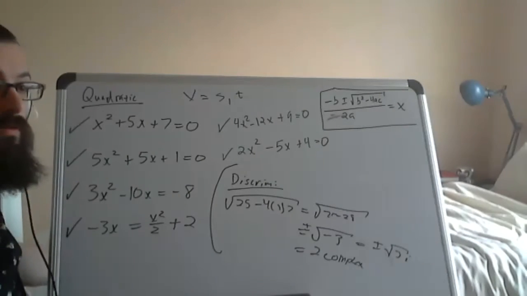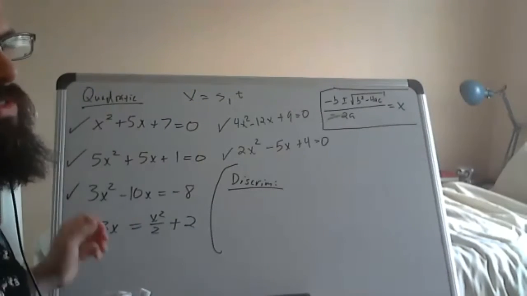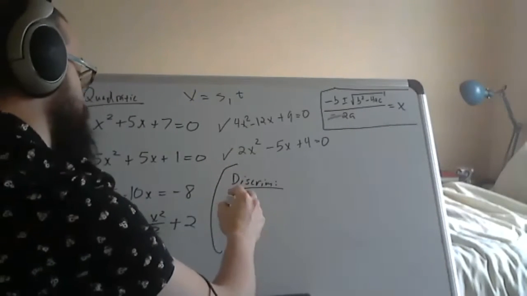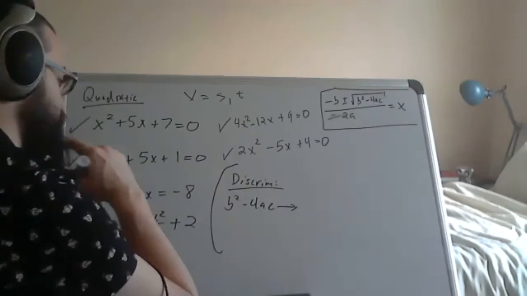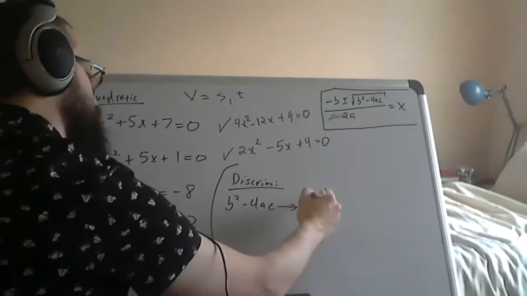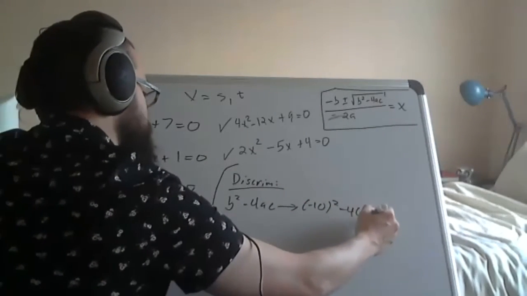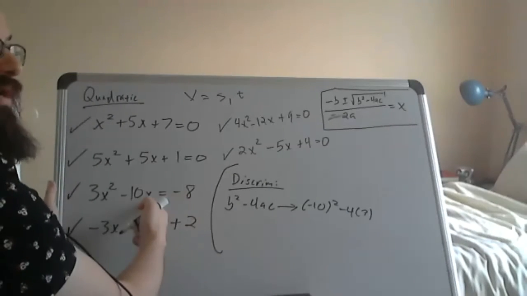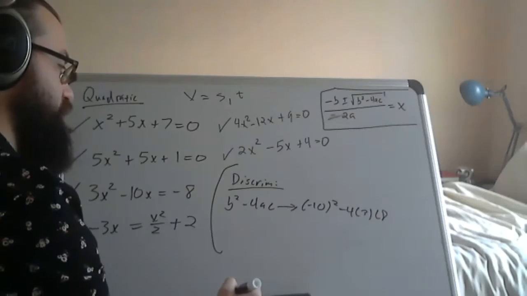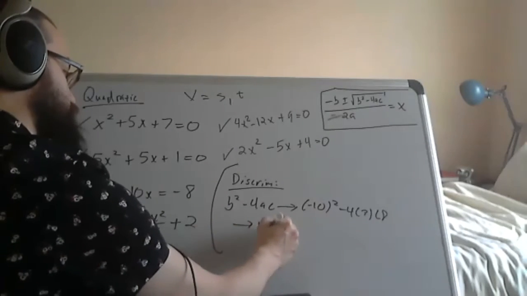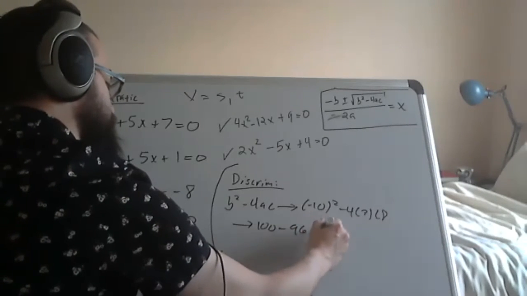But with something like 4, if you look at our b squared minus 4ac, we have -10 squared minus 4 times 3 times, after we bring this 8 over, positive 8, which gives us 100 minus 4 times 3 is 12, 12 times 8 is 96.